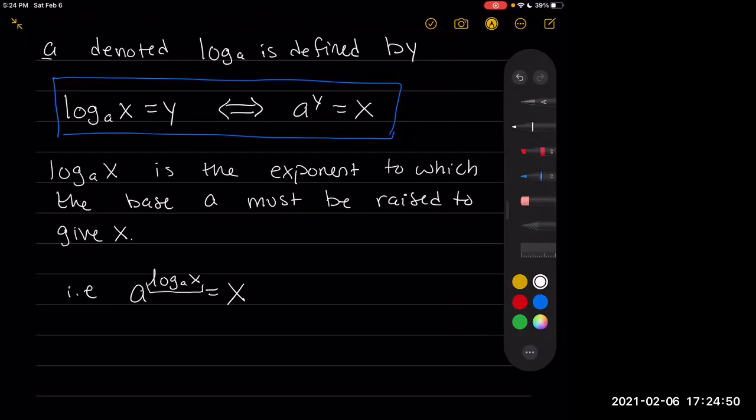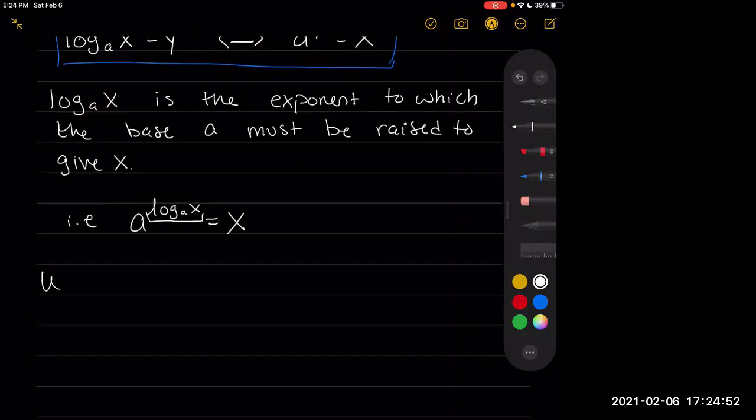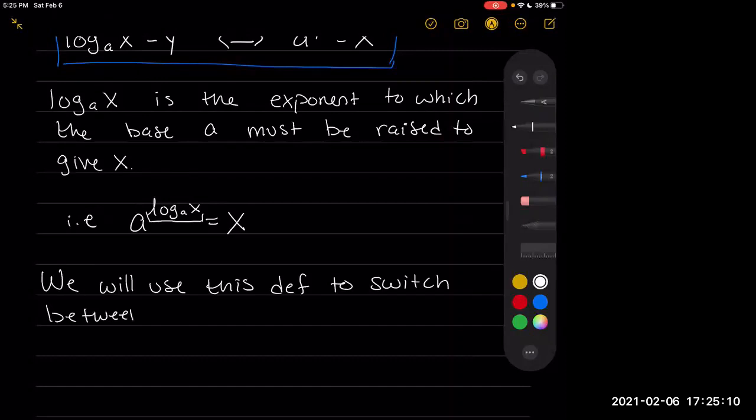So we'll use this definition, and I'm going to do some examples later with real numbers, so it's a little clearer. Don't worry. We'll use this definition to switch between the logarithmic form and the exponential form.